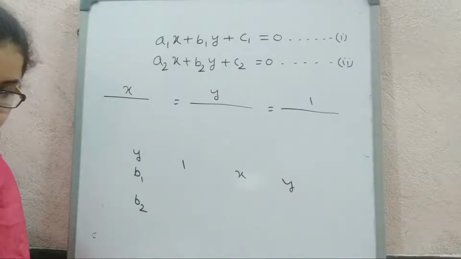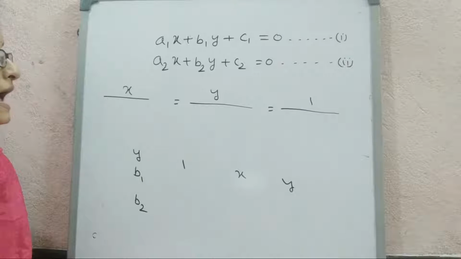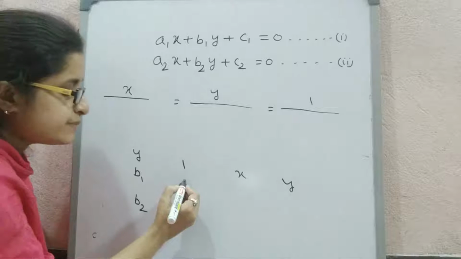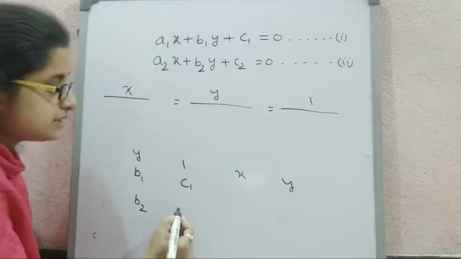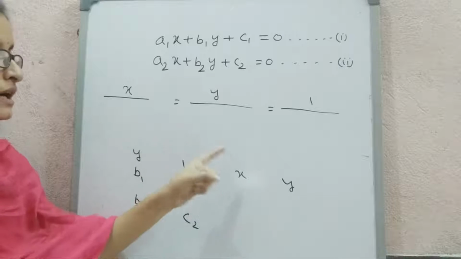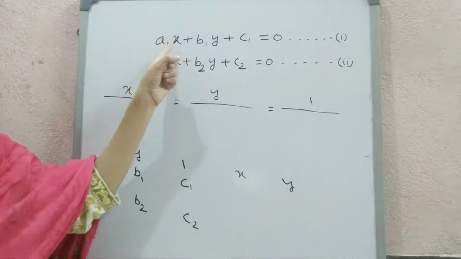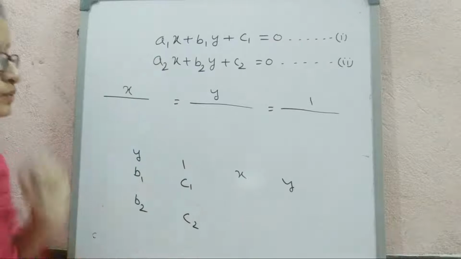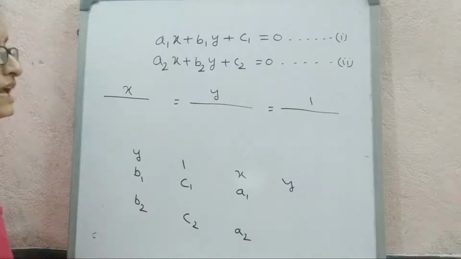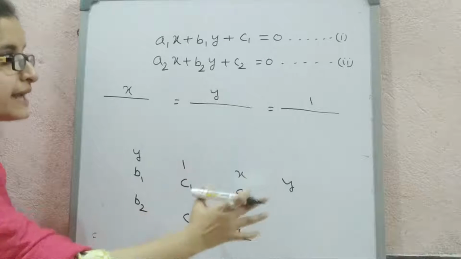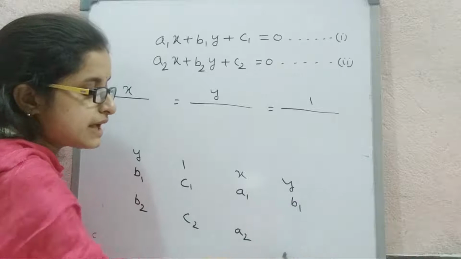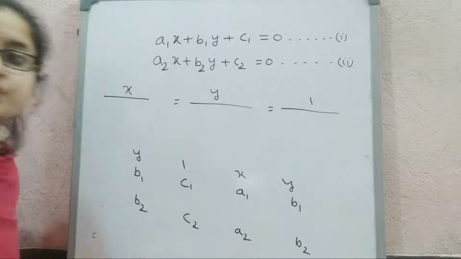The coefficients of the constant are c1 and c2, so we write c1 c2 under 1. The coefficients of x are a1 and a2, and the coefficients of y again b1 and b2.